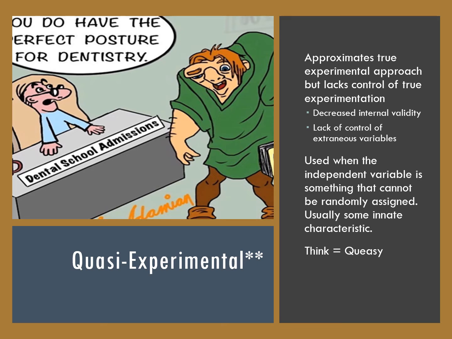So you don't get to pick. They automatically go into whichever category they fit in. Also kind of a good way to think of this is that a quasi-experimental design makes people who like control and randomization queasy, right? Queasy because they're control freaks and they want to control every aspect of the study.